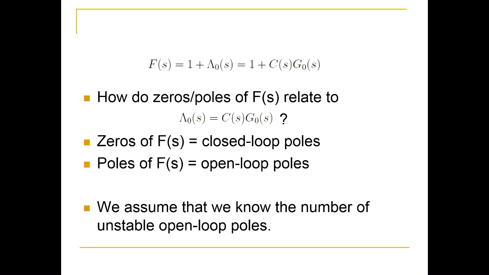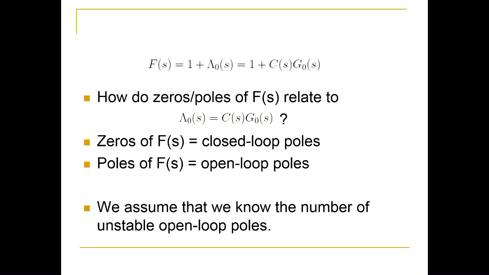So what we will assume, and this is an important assumption, is that we know the number of unstable open loop poles. Open loop poles are the poles of f of s. And note what we said yesterday, poles of f of s are the same as poles of lambda 0. Why? Because lambda 0 plus 1, that's f of s.